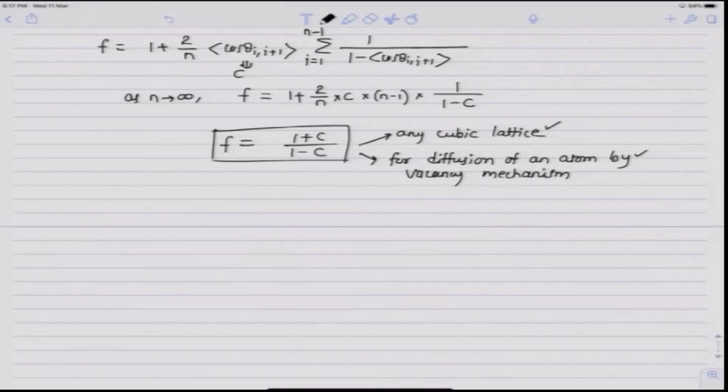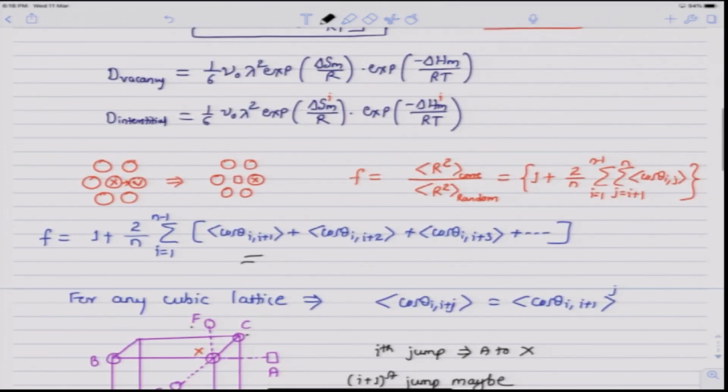Now, it should be noted that the average of cos theta (i, i+1) will always be less than 0 for the cubic lattice, and so f will always be less than 1. This is because, as illustrated here, considering the jumps in one plane of an atom x, the second jump of atom x here will most probably be back into the same vacancy.